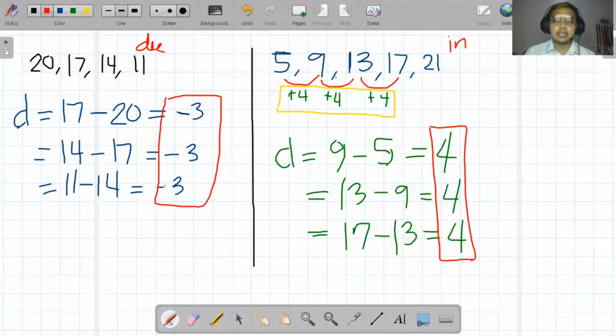Why is that? So you compare our common difference in this one here in increasing arithmetic. Our common difference is positive. So positive man siya. Nagkaanam siya kasaka. In this one, because the common difference is negative, that is why our sequence in this example on the left side is what we call decreasing arithmetic sequence.